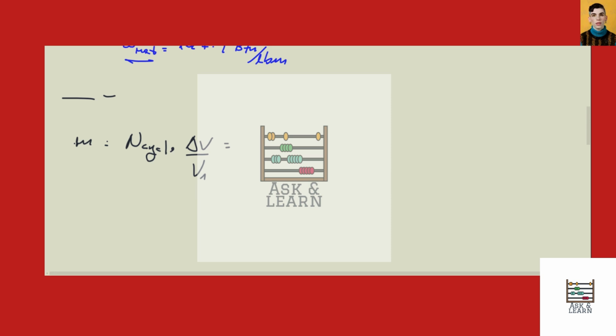The average volume is just pi times B squared that multiplies S, divided by 4, because this is a cylinder, divided by V1. Sorry, I wrote cycle, but it's cylinders. This is the number of cylinders, because it doesn't make any sense to be cycle.